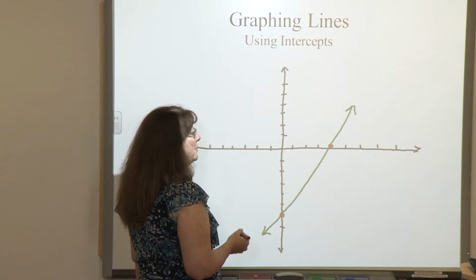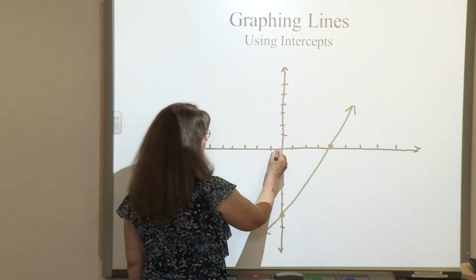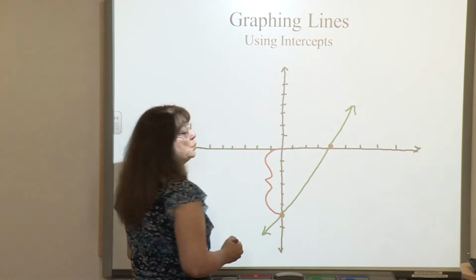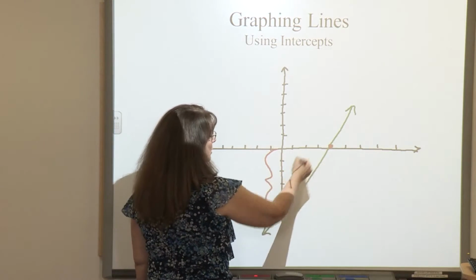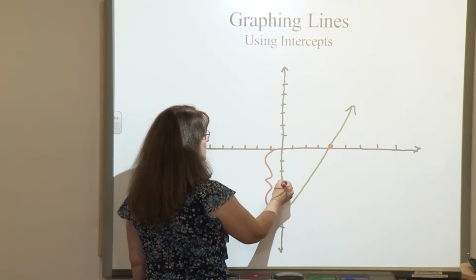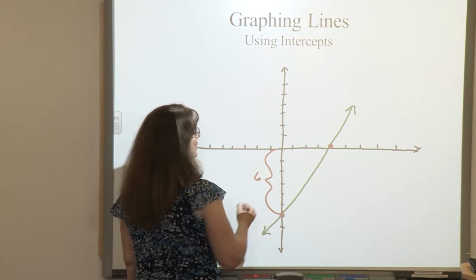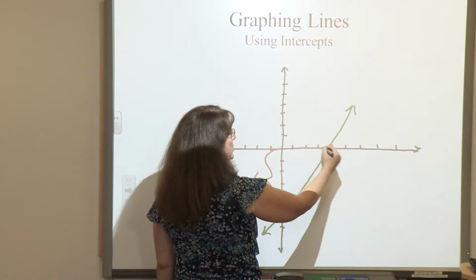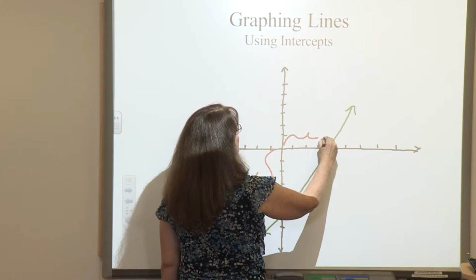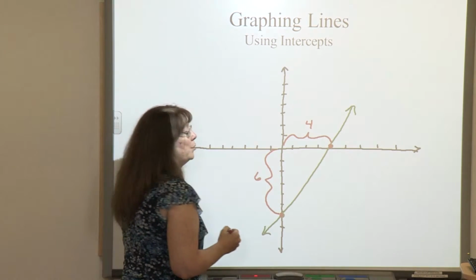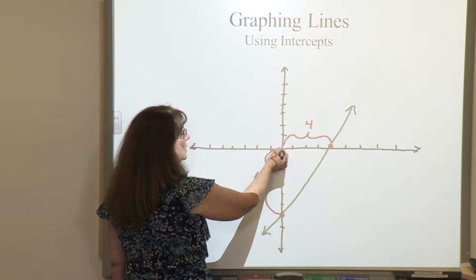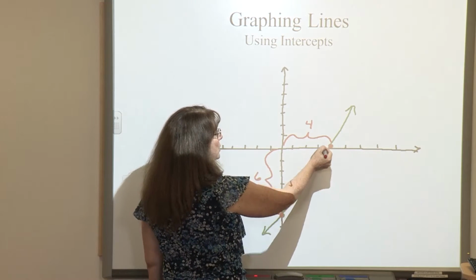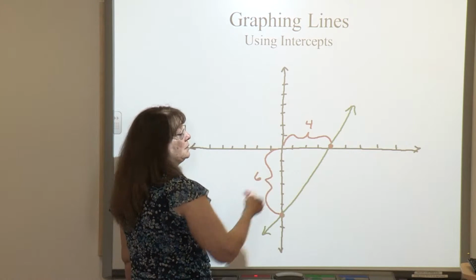I can take a look at the change that I had in the y direction. To go from here to here, we had to move 6 units up. And to go from here to here, we needed to move 4 units over. So I went up +6 and to the right +4 to get from one point to the next point.